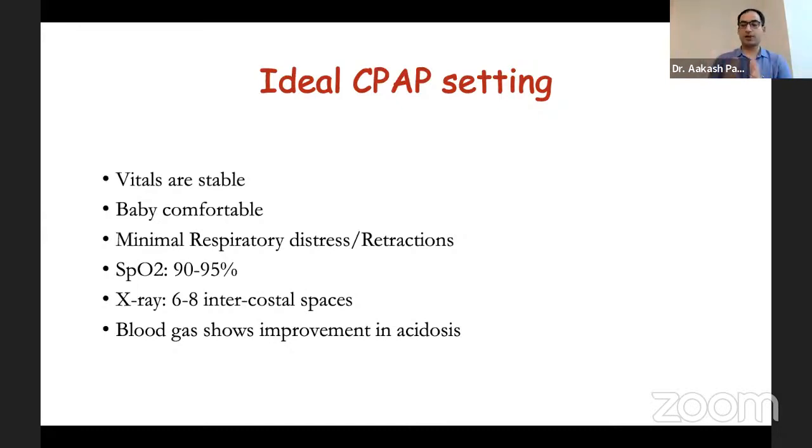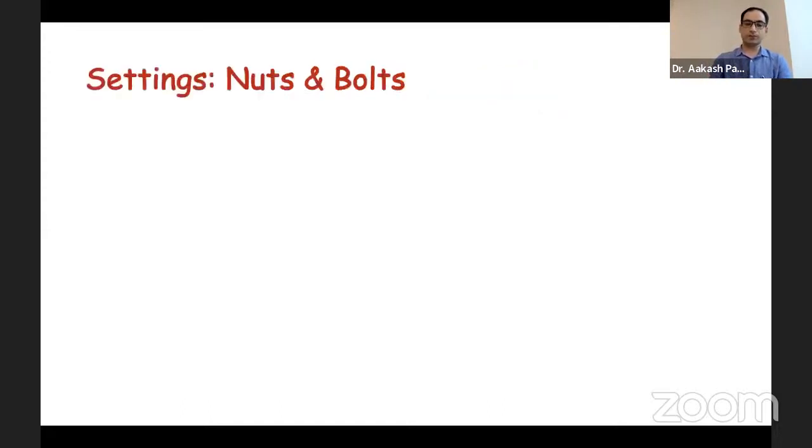The lungs should be well expanded, that is, not under or overinflated. A normally inflated lung shows 6 to 8 intercostal spaces on X-ray. If it is more than 8, it is overinflation, and if it is less than 6 intercostal spaces, it is underinflation. Then the blood gas should show a normal milieu, that is, no respiratory acidosis or hypoxemia.